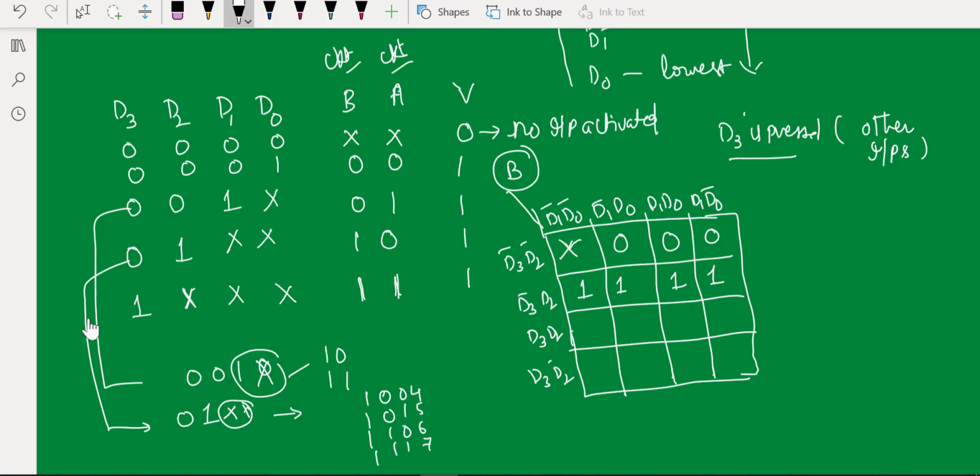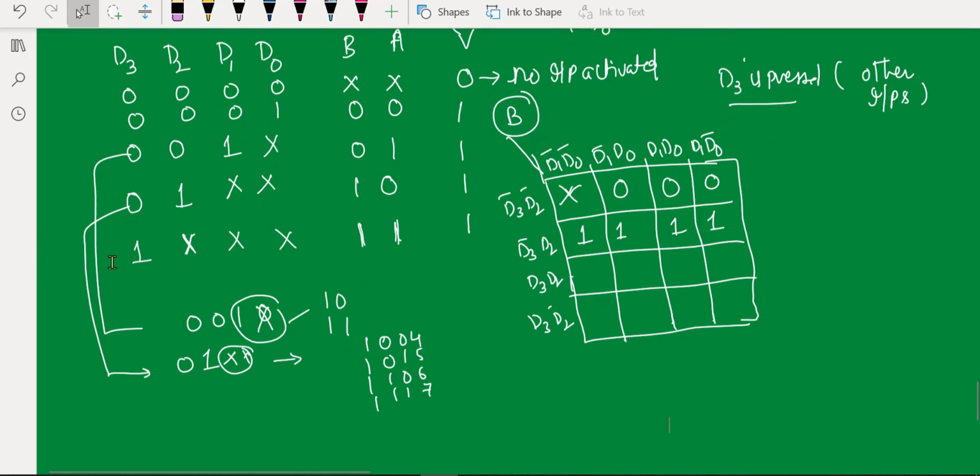Output is 1. If you take the last one, 1XXX means you can take 1 with triplex from 0 0 0, 0 0 1, 0 1 0 till 15.